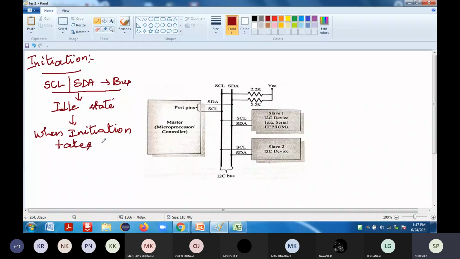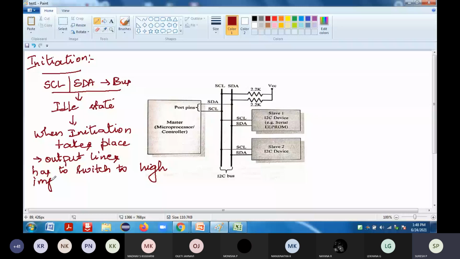First, the output lines where you are going to make the communication have to switch to the high impedance state. That is what is going to happen.